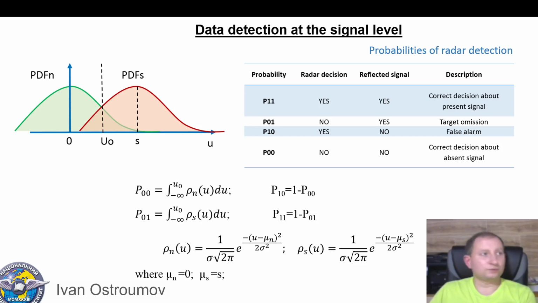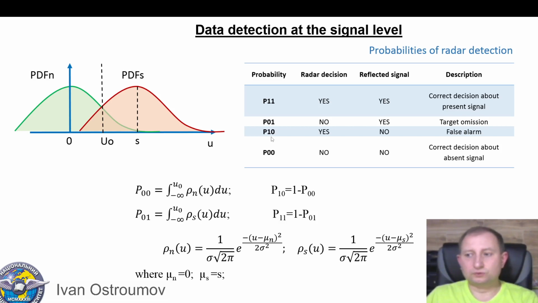However, we know that these two probabilities, P00 and false alarm, compose a full group of probabilities. It means that only one of them is possible. Both of these cases cannot happen together.